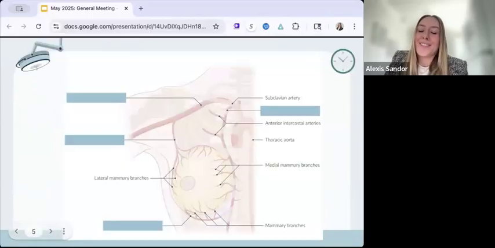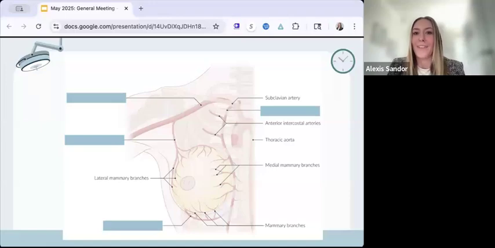So let's review the arterial supply of the breast. This is very important, obviously, when discussing mastectomy types and just surgical breast oncology in general. So I have a couple of covered up arteries. If you guys want to chime in, I can't see the chat, but if someone says anything in the chat, let me know. So the first one, let's go over the top left-hand corner.